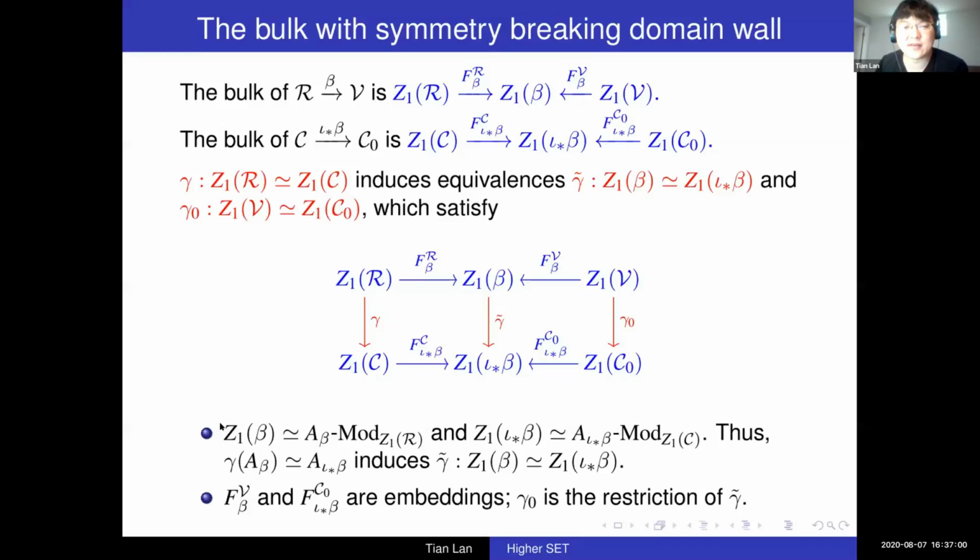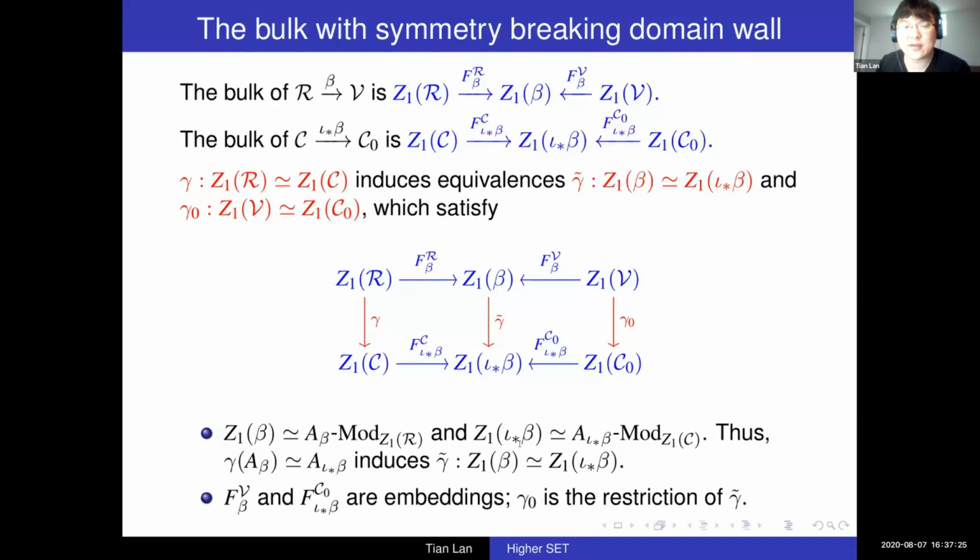And the idea is very straightforward, because this Z1 beta is just the modules over the dual algebra, and also for the push out. So since we require that gamma preserves the algebras, it induces the equivalence between the categorical modules.